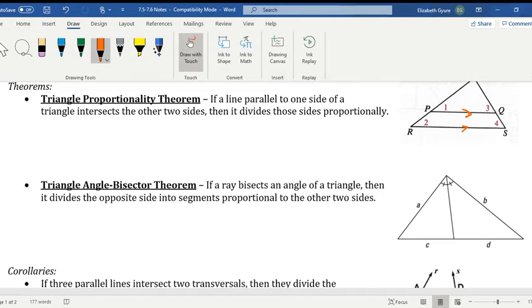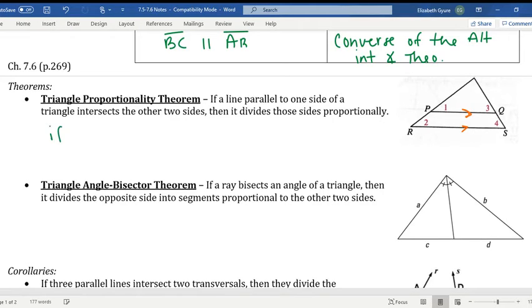So how this would look formally: we could say if segment PQ is parallel to segment RS, then the measure of RP to, that got cut off on mine.